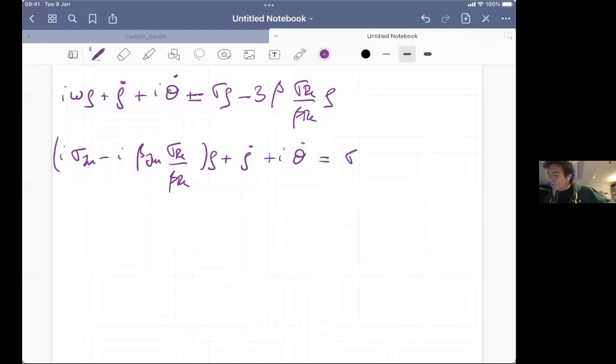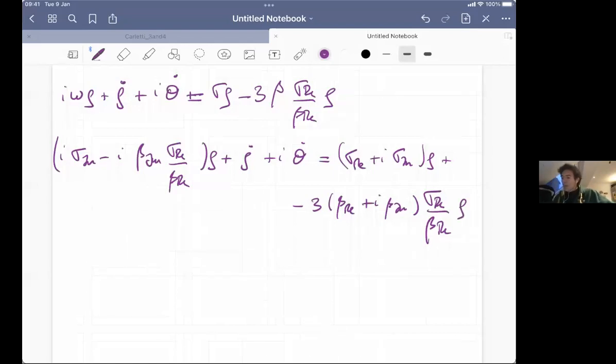So again, rho sigma, let me write it as sigma real plus sigma imaginary times rho. And then you have minus 3 times beta real plus i beta imaginary times sigma real over beta real times rho. Now you have to collect together terms that are real and terms that are complex.